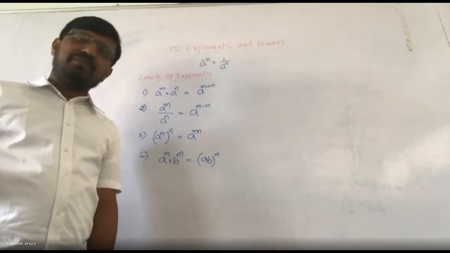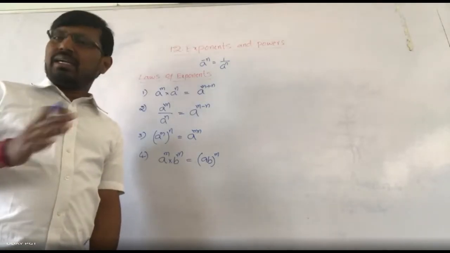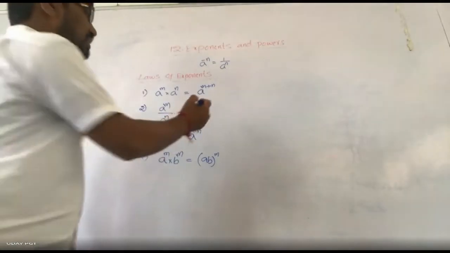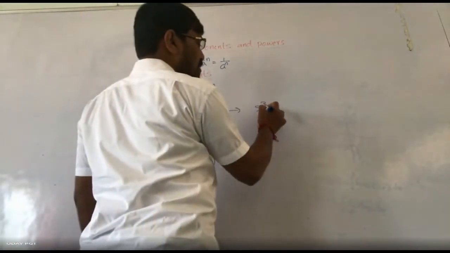Sir, second law, a power m by a power n equals a power m minus n. What if n is greater than m? Can we write 1 by a power n minus m? It may be greater than n, it may be less than n, it doesn't matter. Suppose I take the example 2 power 3 by 2 power 5.